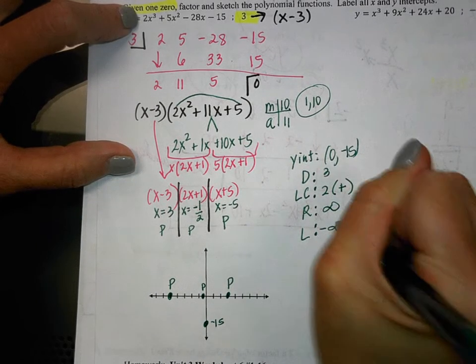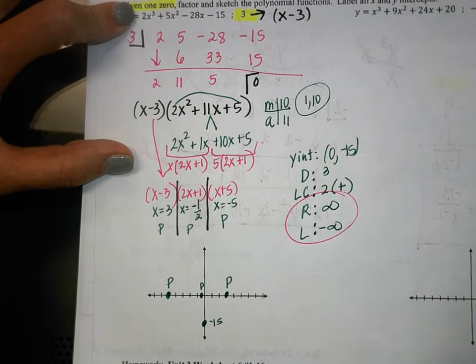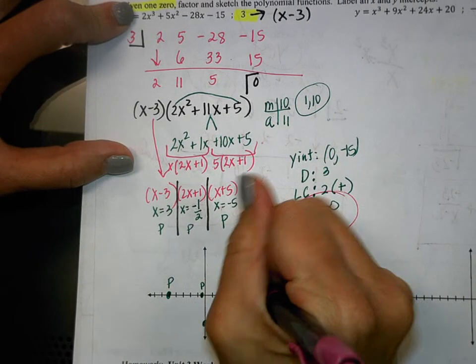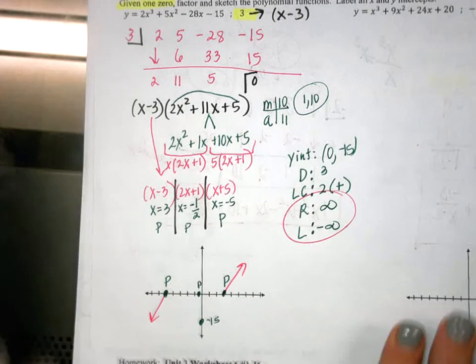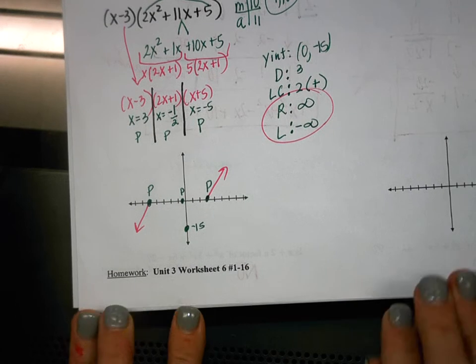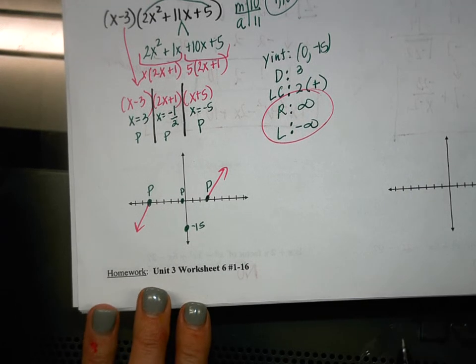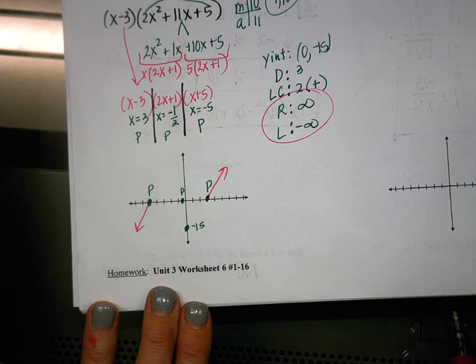I need to mark these on my graph now. Right side goes to positive, left side goes to negative. And now you want to fill in the rest. Can you do it on your own? Give it a try, and then I'll do it so you can check it.